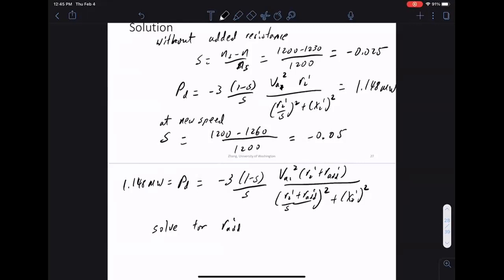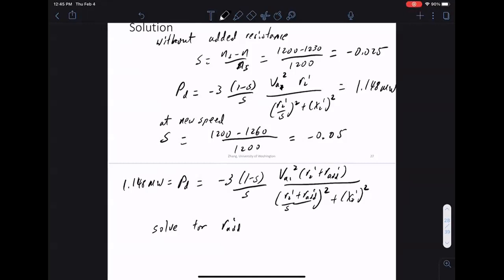Any ideas? How will you solve for R add prime? I think Chad says get 0 on one side, use the computer to find the x-intercept.